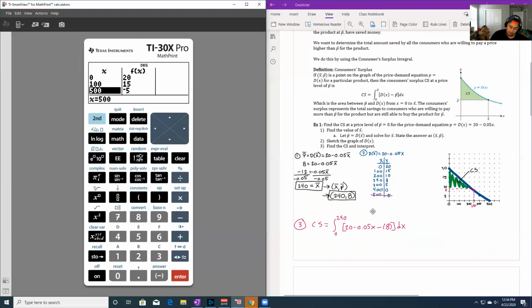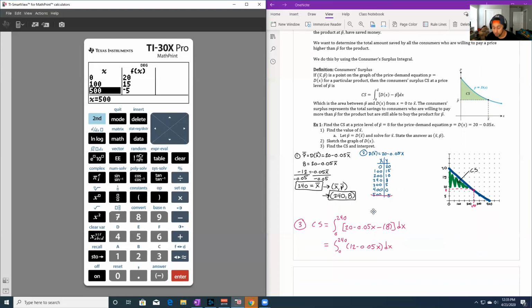Okay. This means we get the integral from 0 to 240 of, and you can do the 20 and the 8, so you'll get 12 minus 0.05x dx.